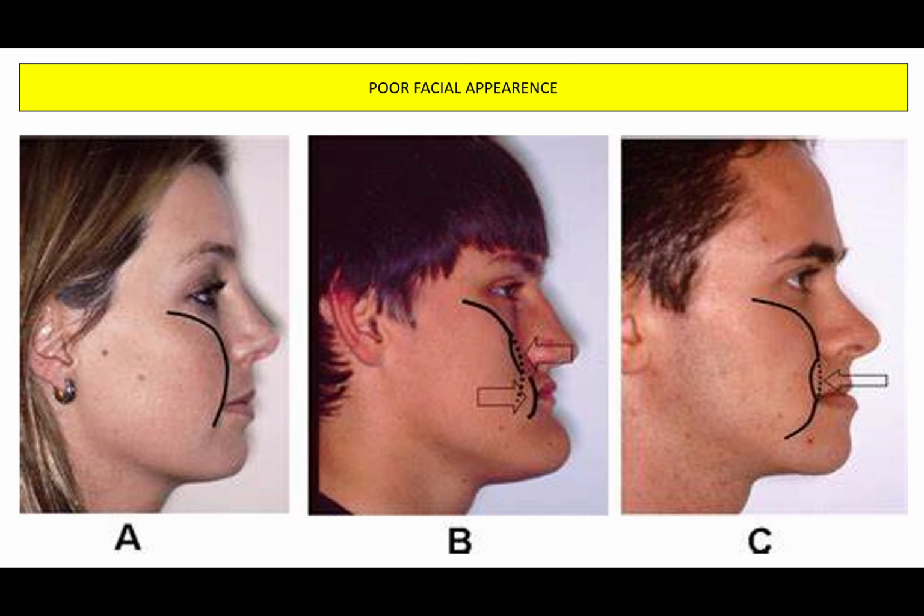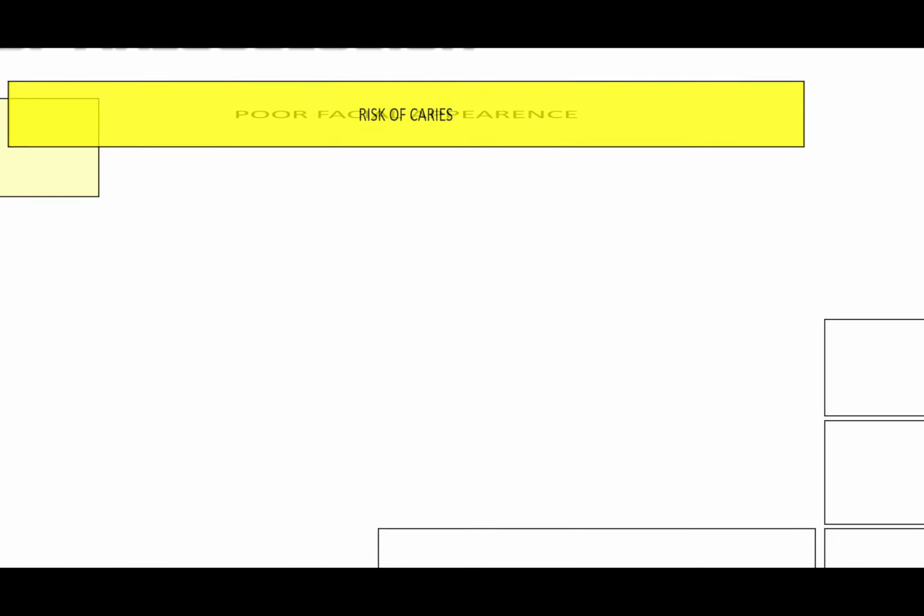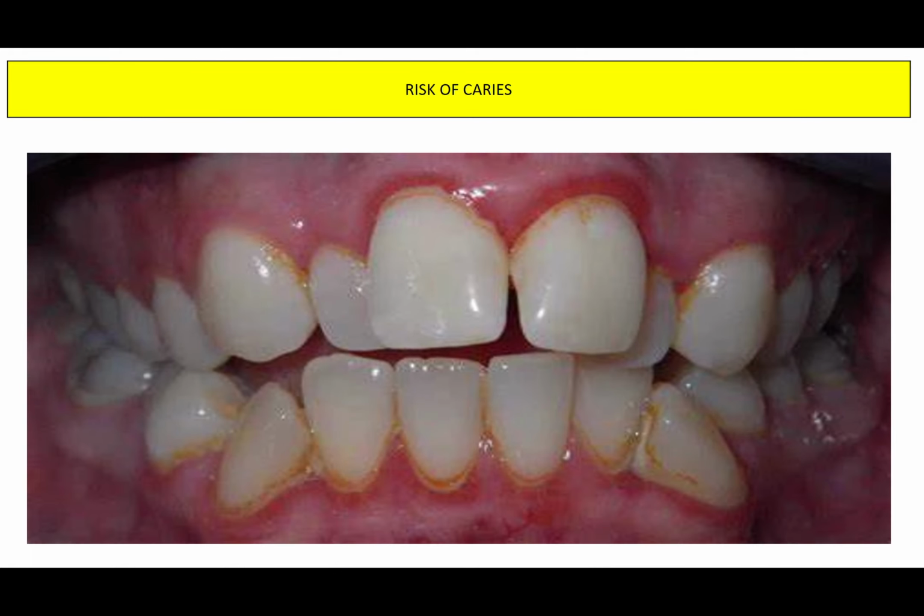Now we will talk about the second sequelae of malocclusion, that is risk of caries. Malalignment of teeth makes oral hygiene maintenance a difficult task, thereby increasing the risk of caries. It may also reduce the potential for natural tooth cleansing, thereby increasing the risk of decay. Here you can see in the picture, there is a malocclusion. Lateral incisors are posteriorly placed while central incisors are anteriorly placed.